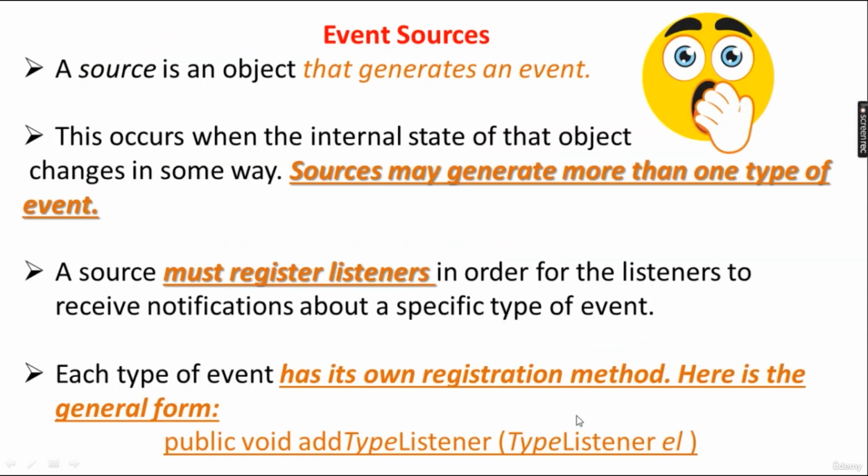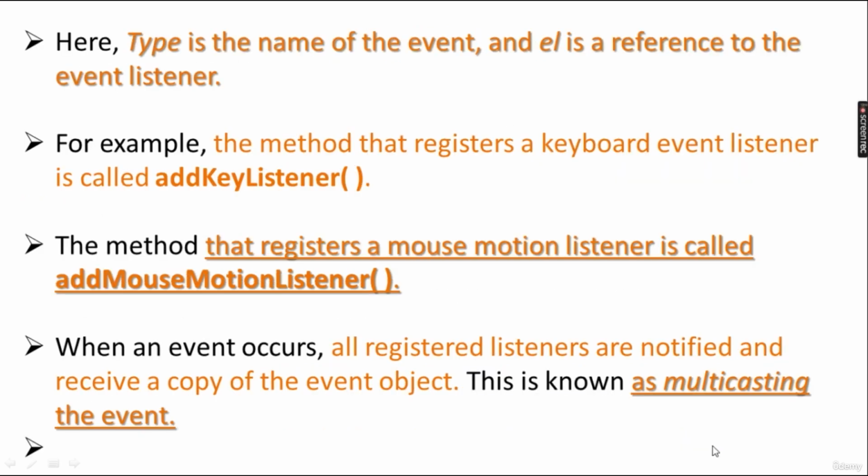So here it will be like public void addKeyListener(KeyListener el). The method that registers a mouse motion listener is called addMouseMotionListener. When an event occurs, all registered listeners are notified and receive a copy of the event object. This is known as multicasting the event.